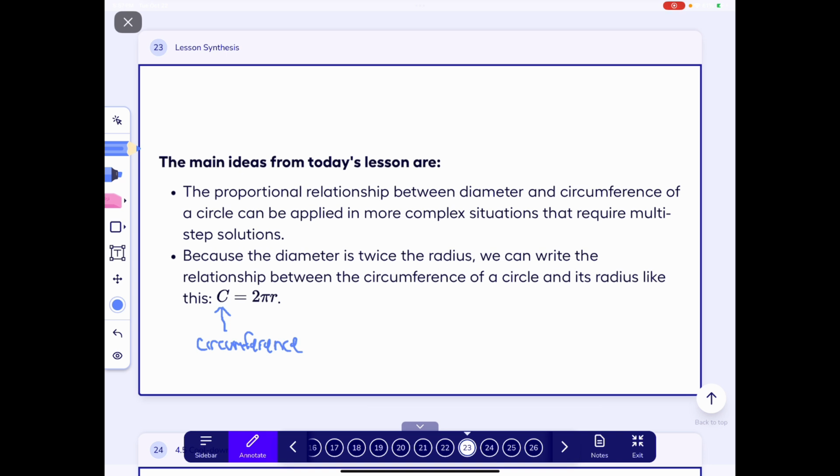We didn't talk about this a lot, but the circumference is diameter times pi. And we know that the diameter is 2 times the radius. So the circumference is 2r pi, or 2 pi r.